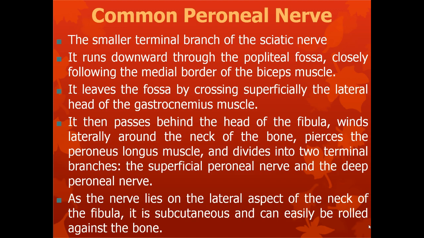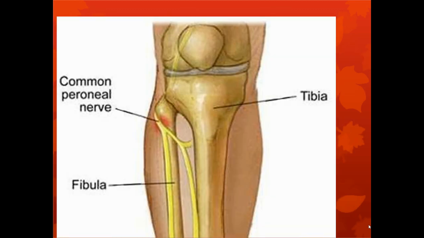It then passes behind the head of the fibula, winds laterally around the neck of the bone, pierces the peroneus longus muscle, and divides into two terminal branches, a superficial peroneal nerve and the deep peroneal nerve. As the nerve lies on the lateral aspect of the neck of the fibula, it is subcutaneous and can easily be rolled against the bone. So this is the common peroneal nerve.